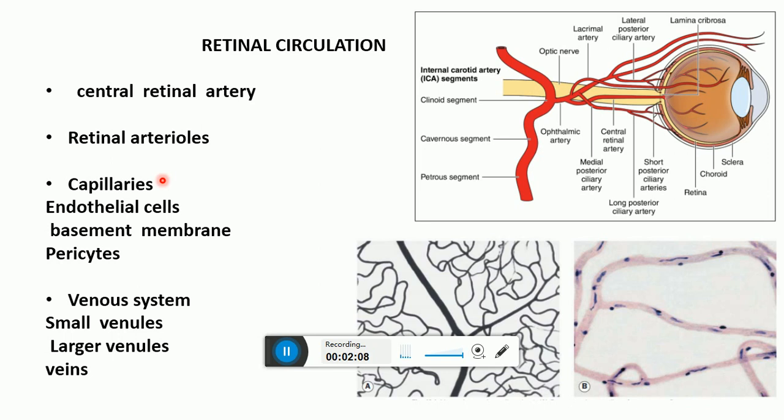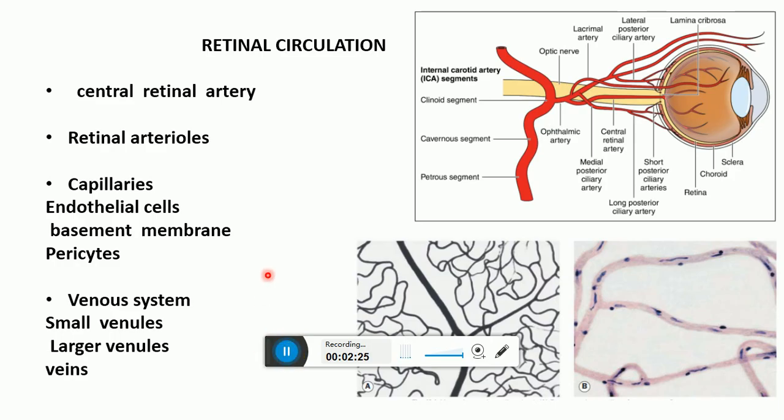The inner capillary network or plexus is located in the ganglion cell layer, with an outer plexus in the inner nuclear layer.